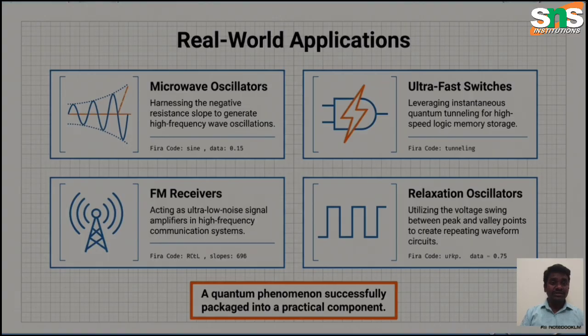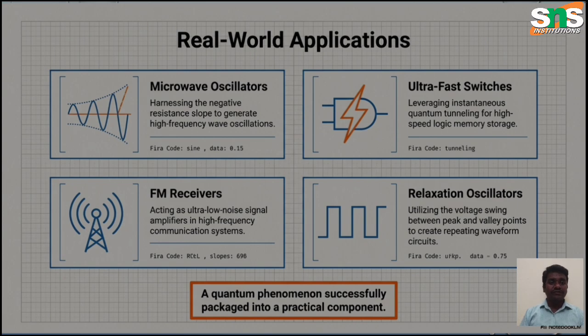In FM receivers, it acts as an ultra low noise signal amplifier in high frequency communication systems. Then relaxation oscillators. These are some applications of the tunnel diode.